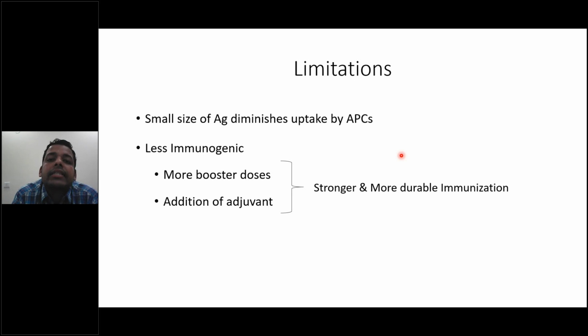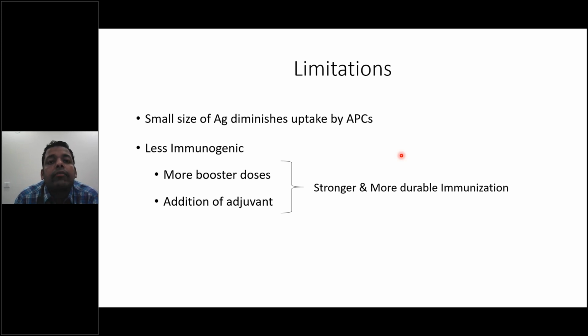But very small sized antigens are not picked up nicely by the antigen presenting cells. And also these protein subunit vaccines are less immunogenic, so they require the addition of an adjuvant, and they may require more booster doses in order to have a stronger and more durable immunization.